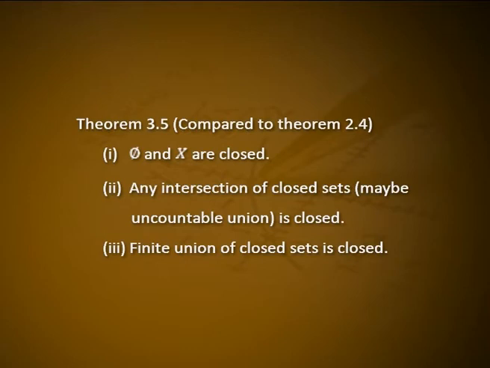Third one, a finite union of closed sets is closed. Proof. First one, it is trivial. Second, let F equal the intersection of F alpha where F alpha is closed. Write F alpha equal to X difference U alpha where U alpha is open.